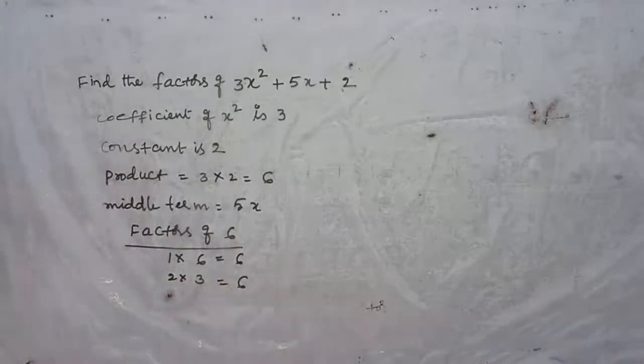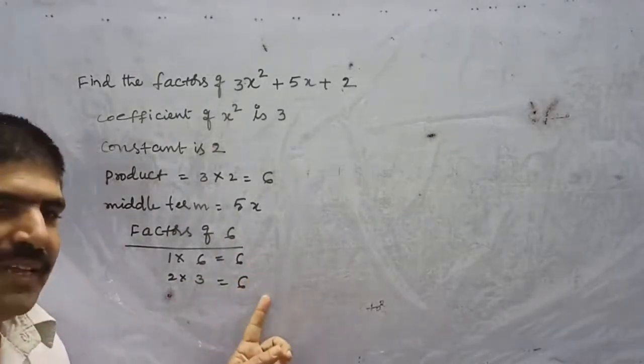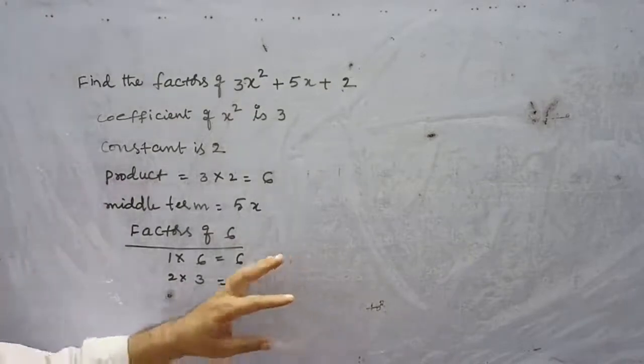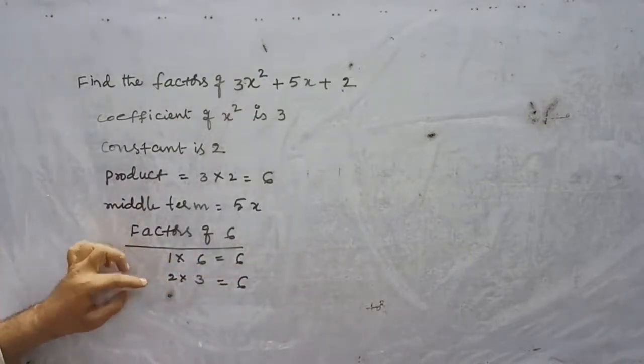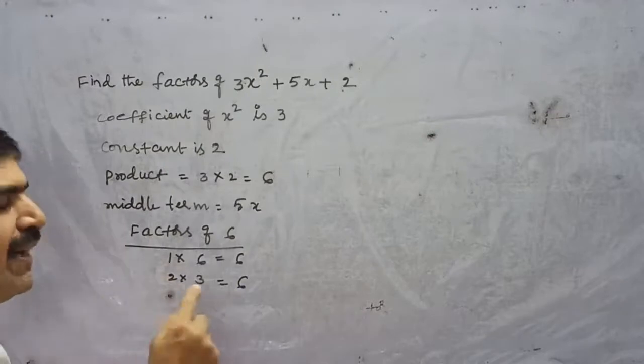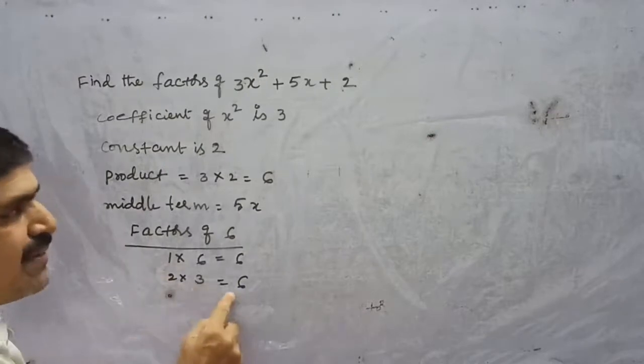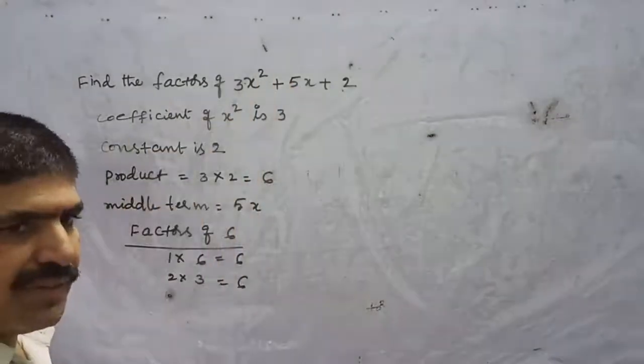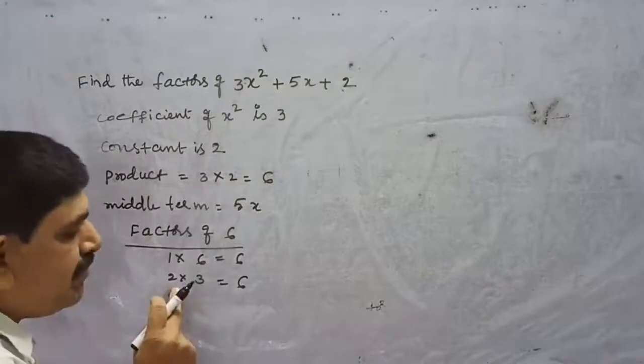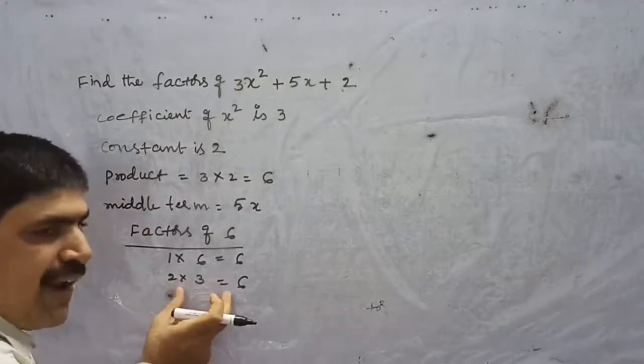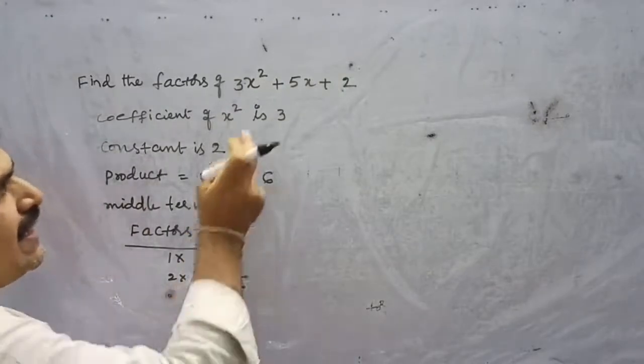Now, from these factors, we have to take any two such that the sum or difference of the two factors gives the middle term.